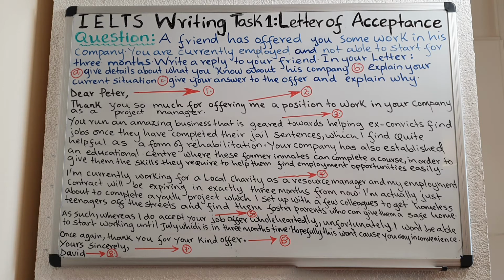And through rehabilitation, they are given the skills that they require to be able to function again in society. So that is one of the things that I know about Peter's company, that it is focused on helping people who have been in prison, that is ex-convicts, to find jobs.